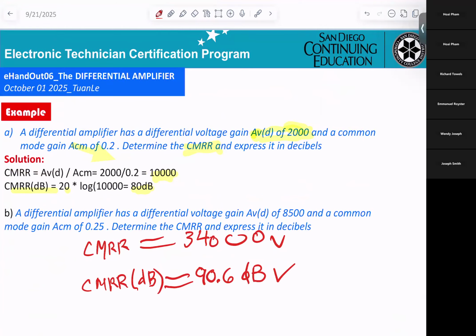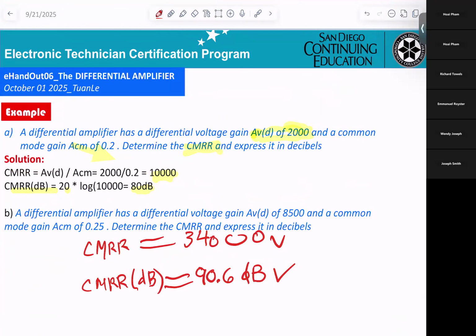So what it means is this number higher, higher is better. Higher than what? If you calculate a small number, that's not better. Instead, if you calculate and it comes out with 50.6, for example, that means the number is smaller. That is not good.